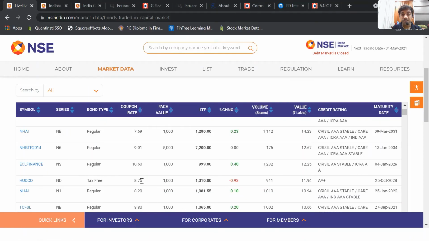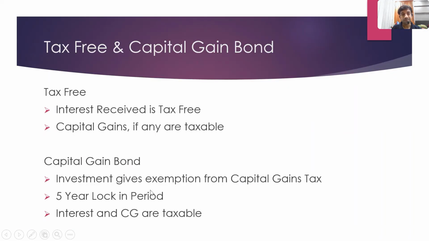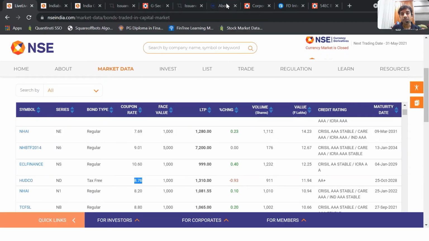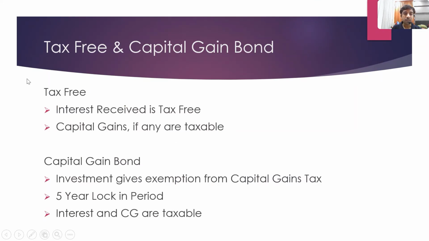Now, tax-free means you're not going to get this 8.76%. That's the thing. So the bond is available for 1300. So the return that you'll be getting would be significantly lower. You'll have to calculate it just the way we did for other bonds. But interest that you'll be receiving is going to be tax-free over here. So if you are in a very high income tax bracket, 30%, and you want to have a regular income, this is your best choice.